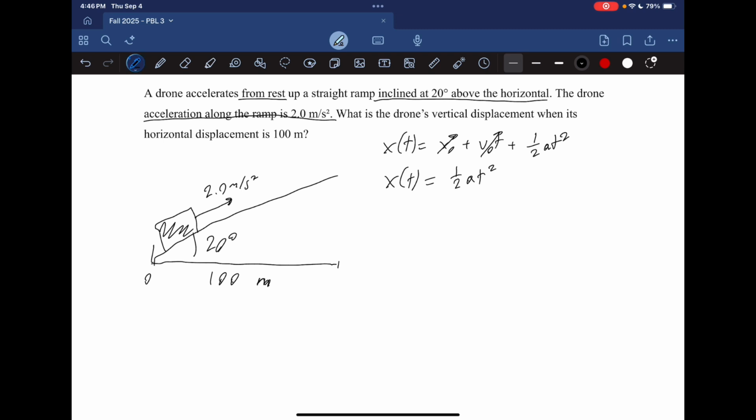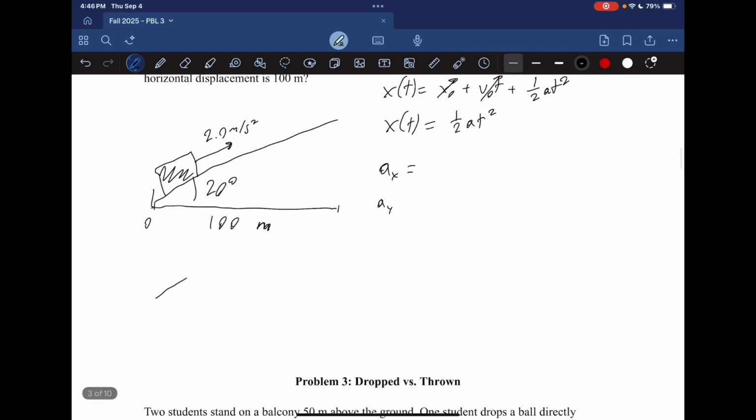Something really important to notice, though, is that the acceleration is not purely in the x or y direction. It's 20 degrees up from horizontal. So we have to break it down into its different components. So we have acceleration in the x component and acceleration in the y component. In the x component, let's look at our triangle here. We have 2, here's our right angle. Here is 20 degrees, and the x component is going to be this bottom leg here.